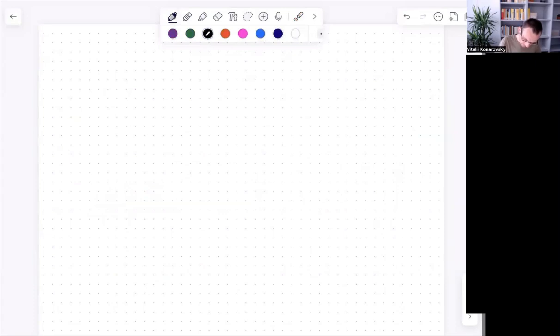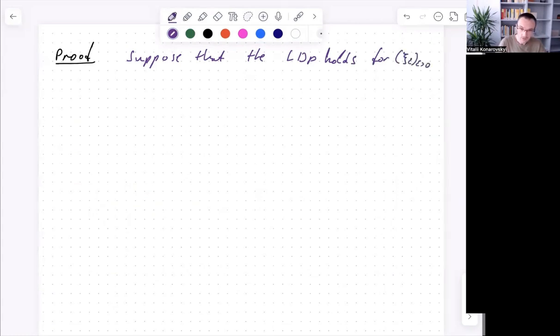Now we want to prove the proposition. Suppose that the large deviation principle holds for psi epsilon with rate function I. And now we want to show that the same large deviation principle holds for eta.